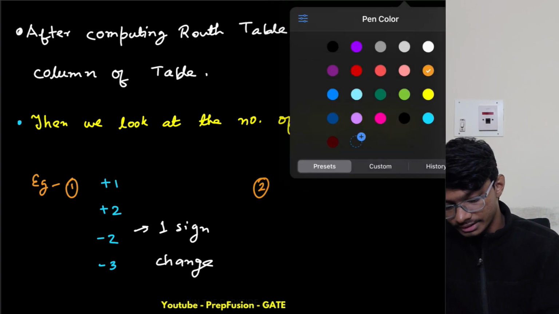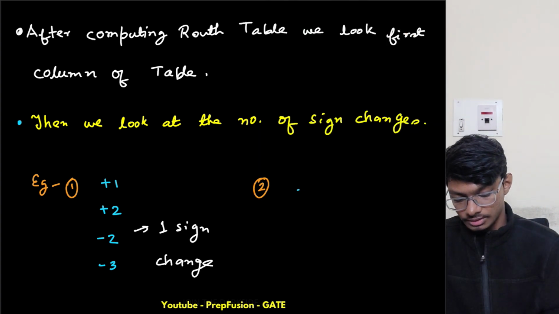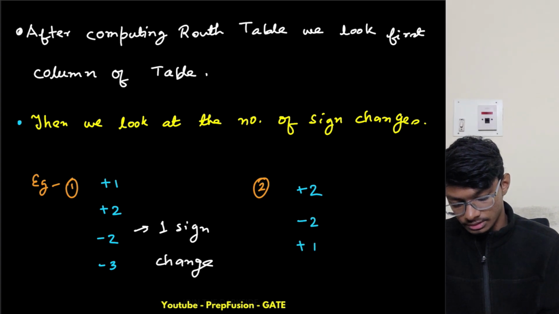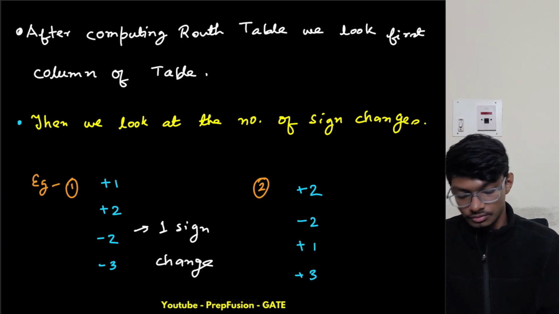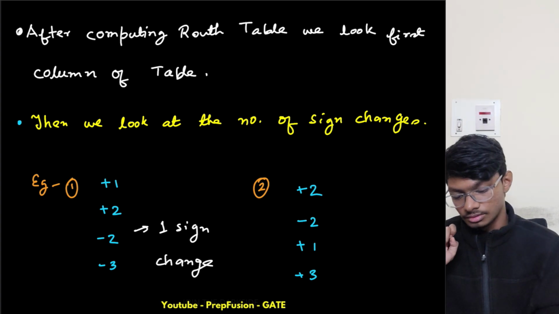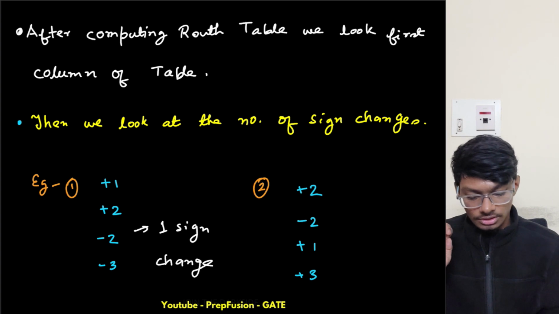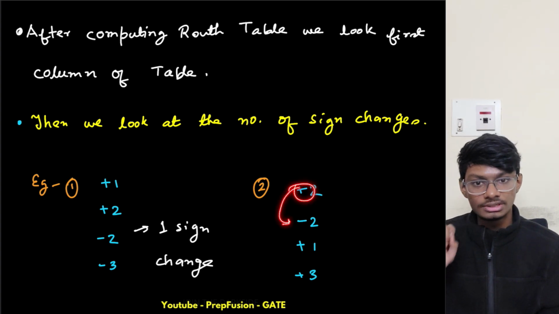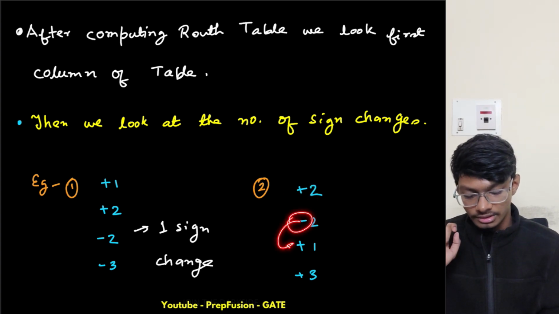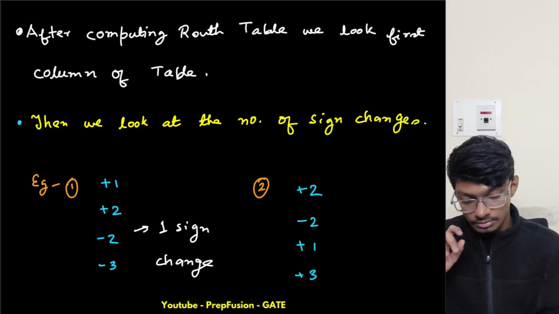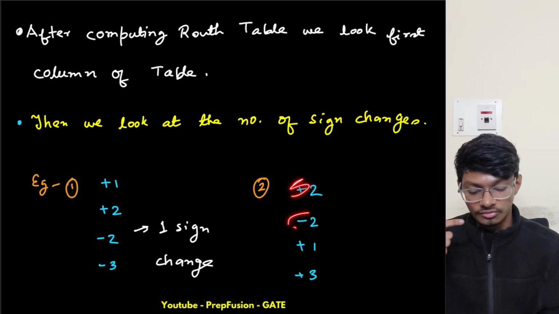If I take a second example, let's say my elements are like this: +1, +2, -2, +1 and +3. So how many sign changes are there? If I go from here to here, I see one sign change. If I go from here to here, I see another sign change, because this is going from positive to negative, then from negative to positive.